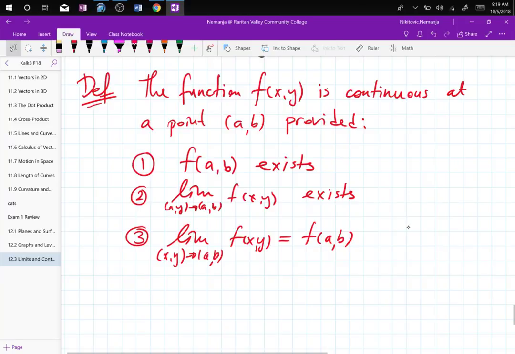So now we can say that global continuity is given by: if the function is continuous on every interior point, it's going to be right, because interior points are in the set of the domain. Then the whole thing is a continuous function.